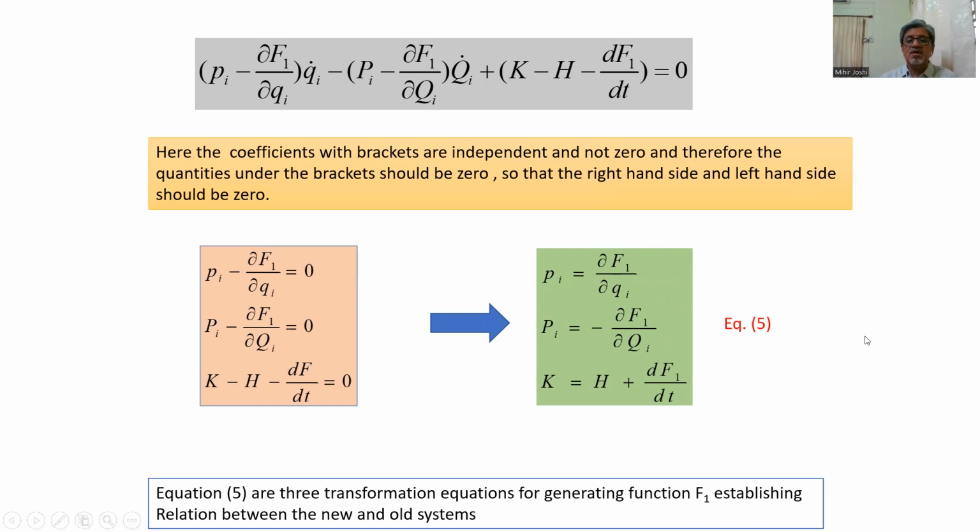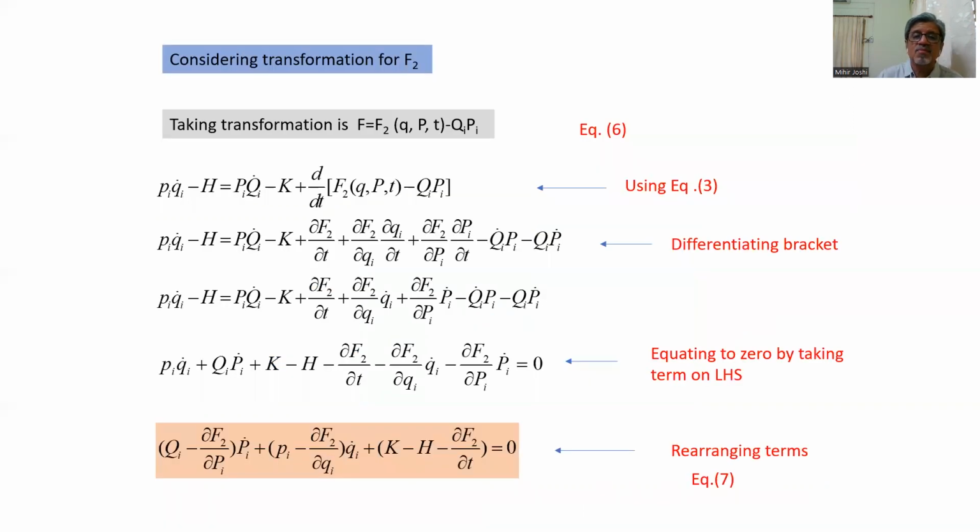These equations are the transformation relations for the f1 generating function. So equation number 5 gives 3 transformation equations for generating function f1, establishing a relationship between the new and old system. So you will see that it is establishing the relation between the old and new system.